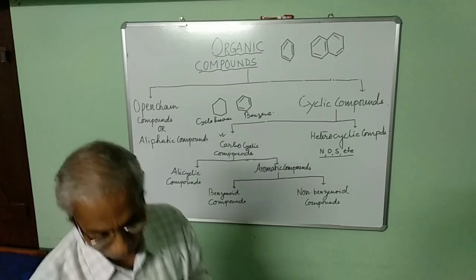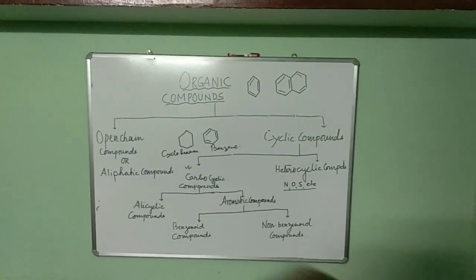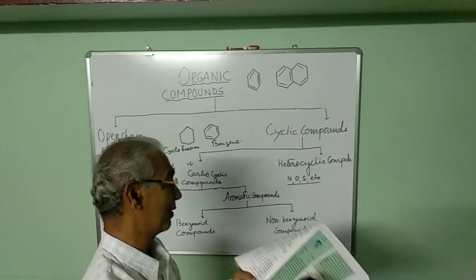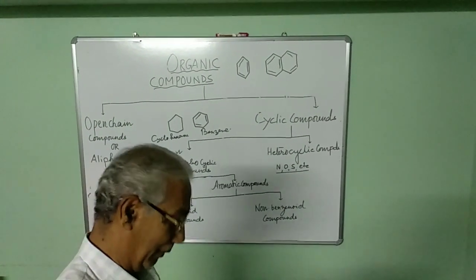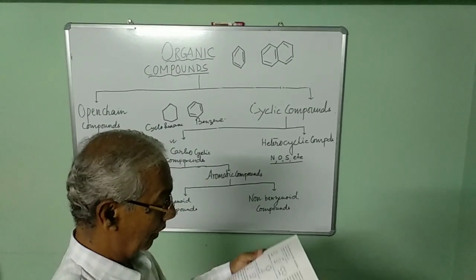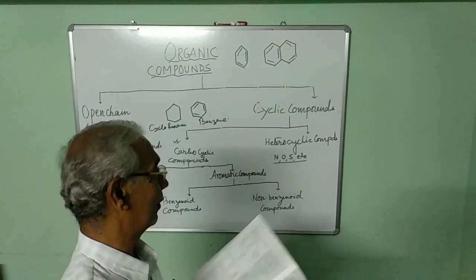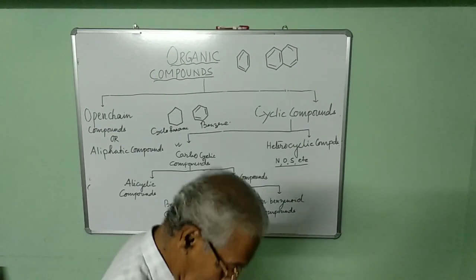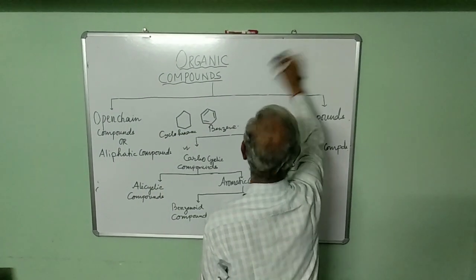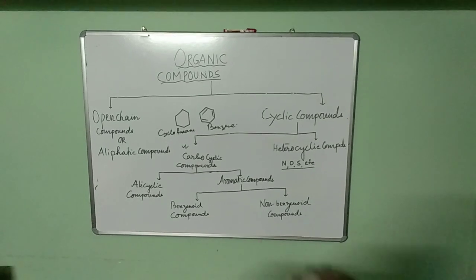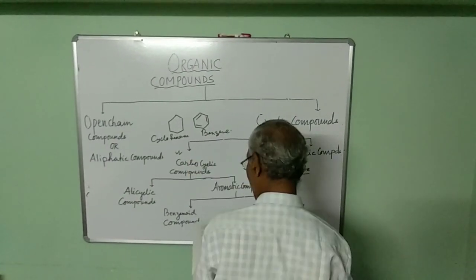So the example of a non-benzenoid compound I am giving you is tropolone. It is tropolone. So I am writing the formula.